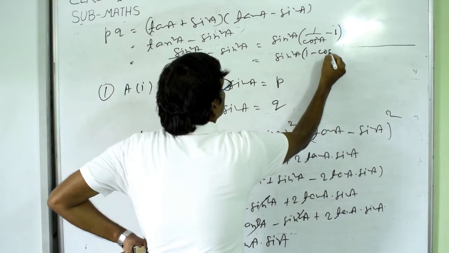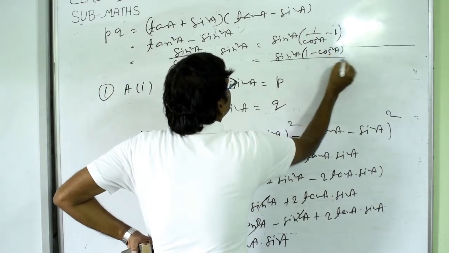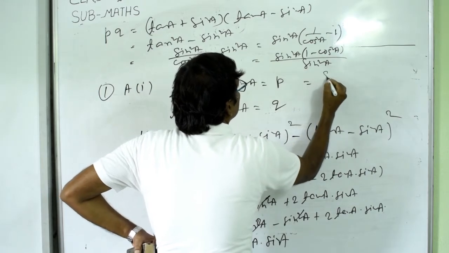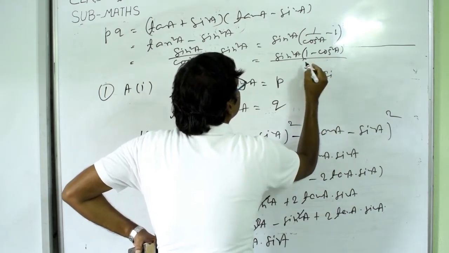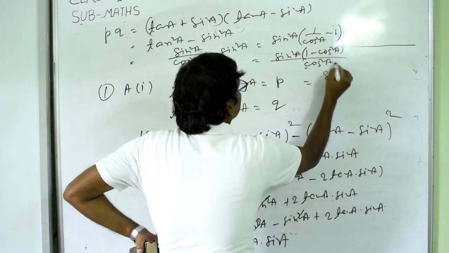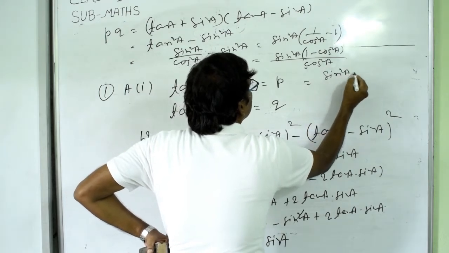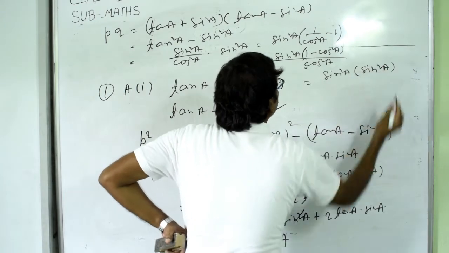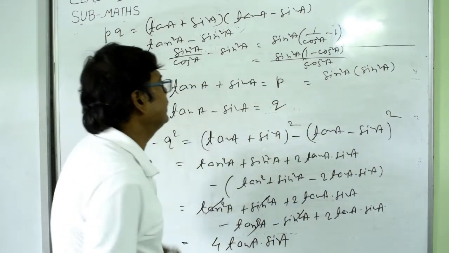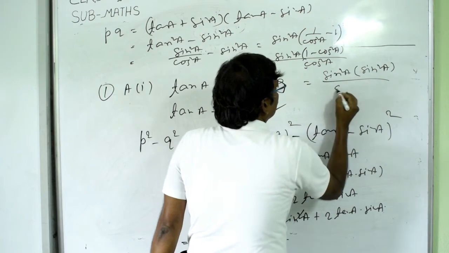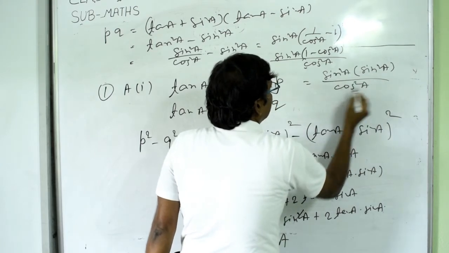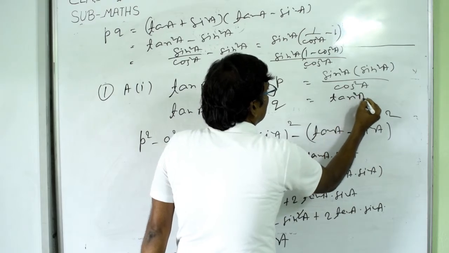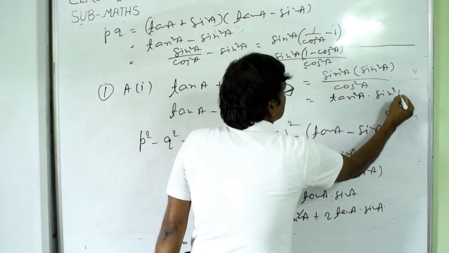So 1 minus cos square A by cos square A, and sin square A into sin square A, because 1 minus cos square A equal to sin square A. So this by this will be equal to again tan square A into sin square A.